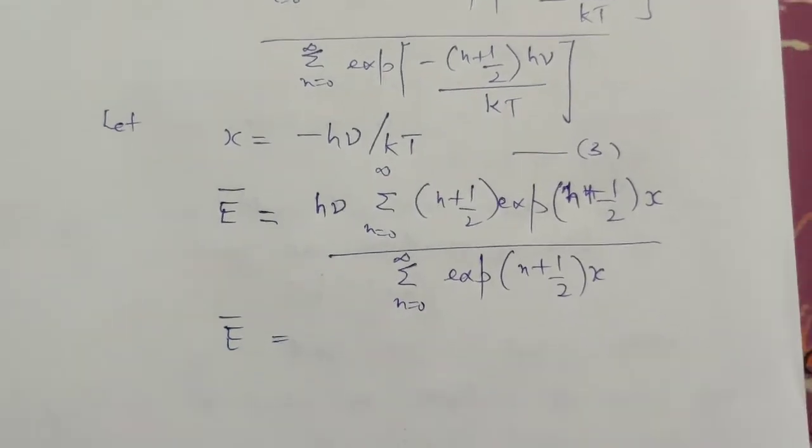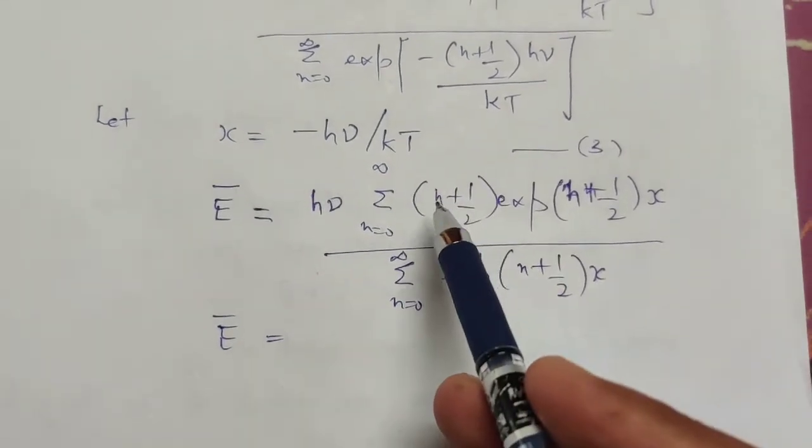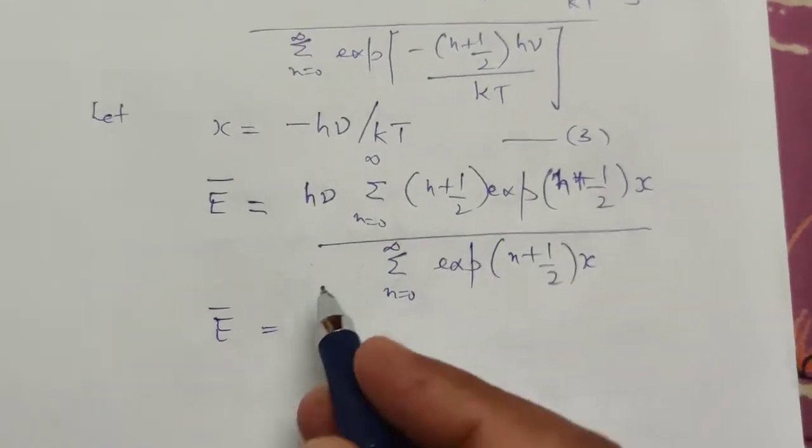Now we can put the values of n as 0, 1, 2, 3, and so on.